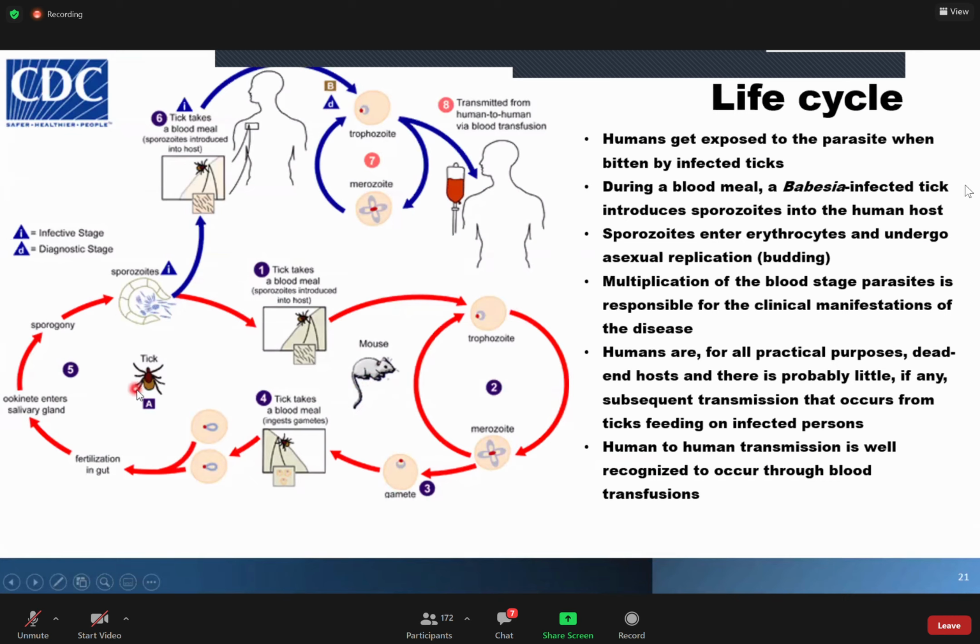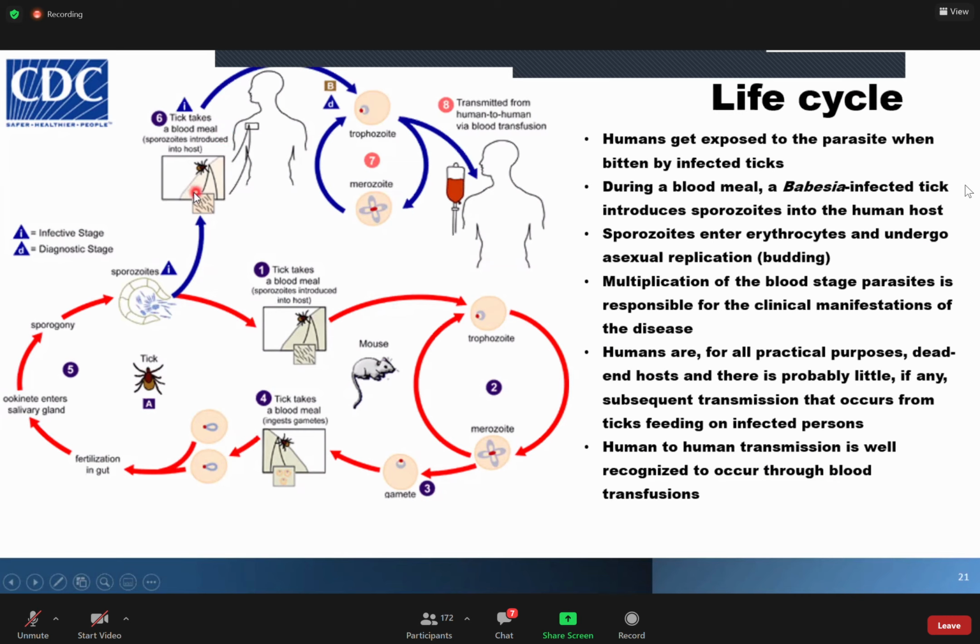And in this case, it's the tick that is the definitive host because this is where sexual reproduction occurs. Now, what happens when you have an infected tick feeding on humans? Just like what happens with Plasmodium infection, sporozoites are released from the salivary glands of an infected tick into the subcutaneous circulation.